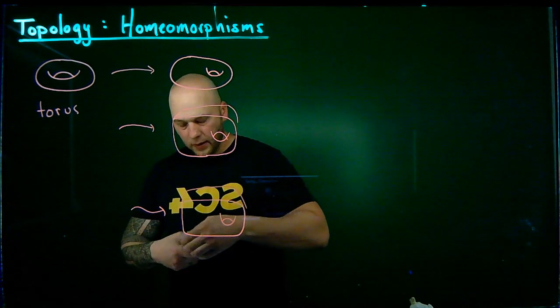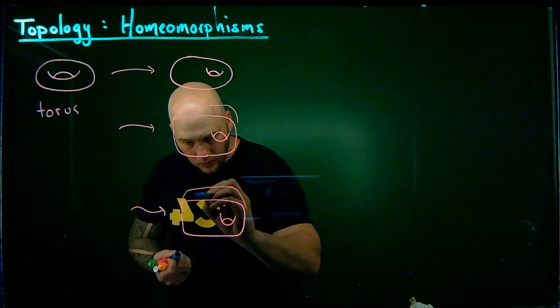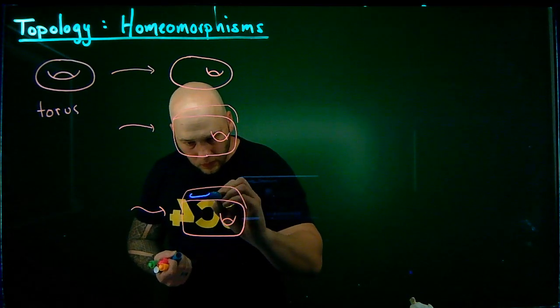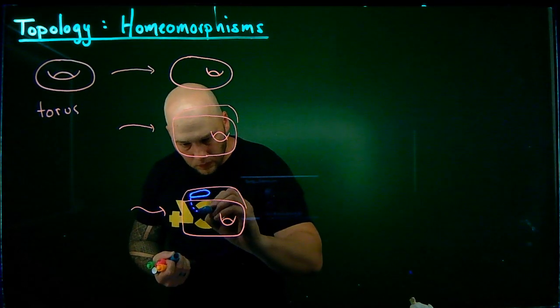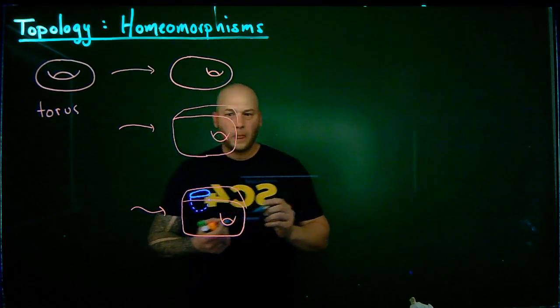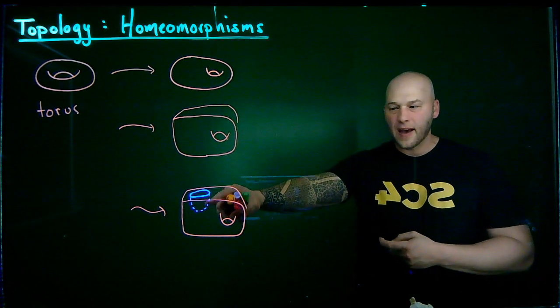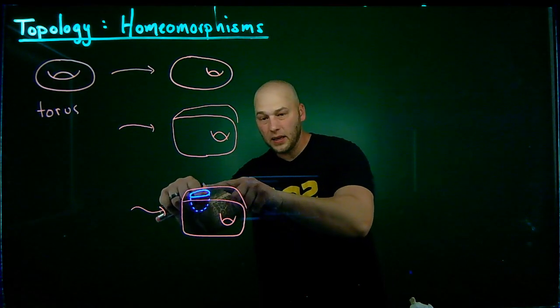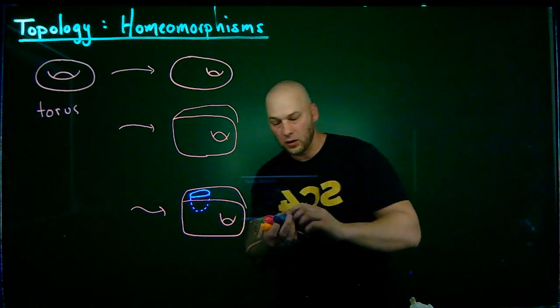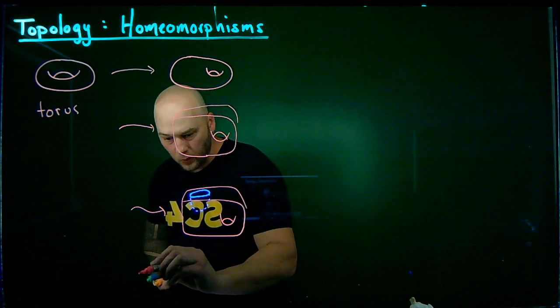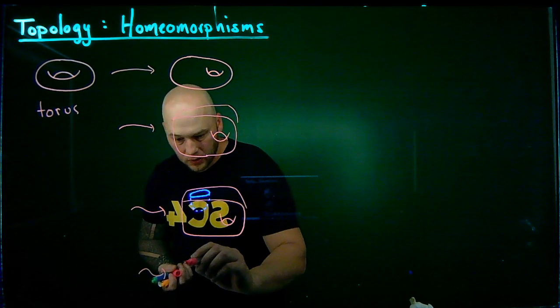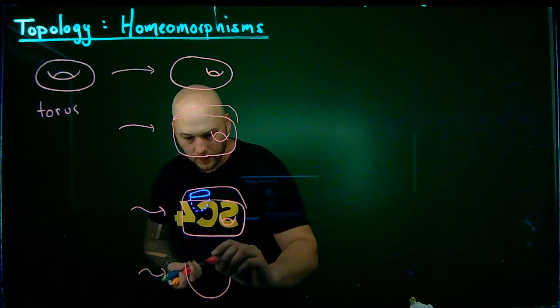So this one has a hole, this is just a cavity. And then I could keep making this cavity bigger, and I could keep making this hole bigger, and what I can create is something that looks like the following.